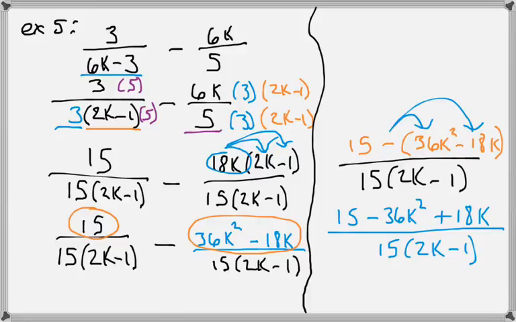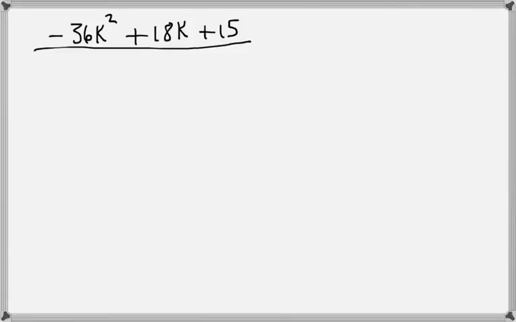Standard form is in decreasing order of your exponents. So when I do that, my numerator is a, change color here, negative 36k squared plus an 18k plus a 15. All of that was over our denominator of a 15 (2k minus 1).